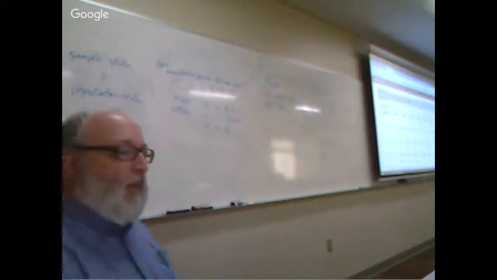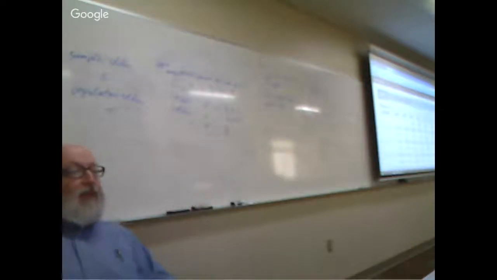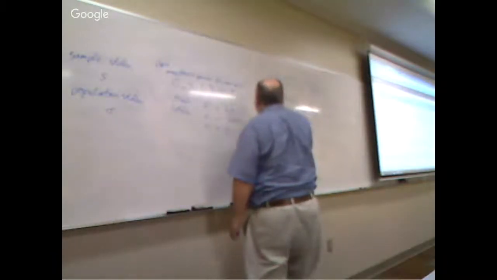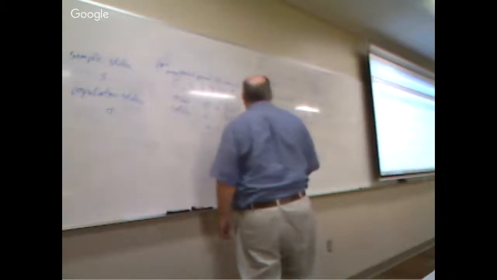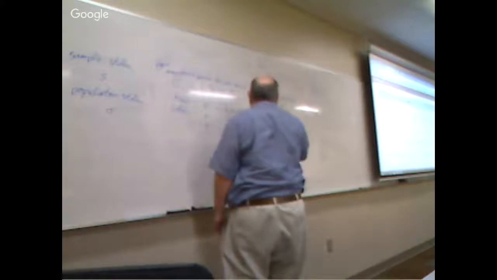Okay. So we are doing chi-squared. Table G. Degrees of freedom. N minus 1, which we already had. Okay. So in this case, degrees of freedom is 5.